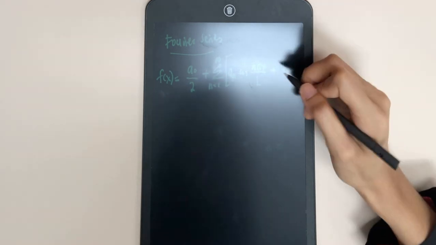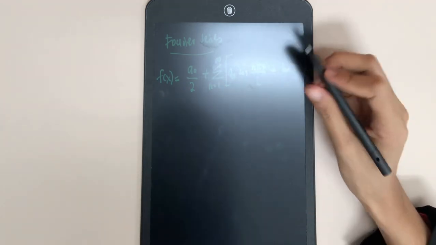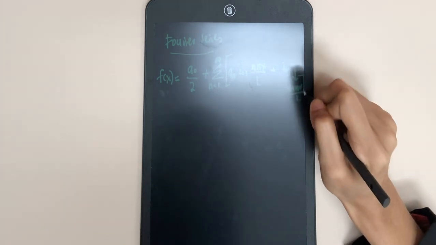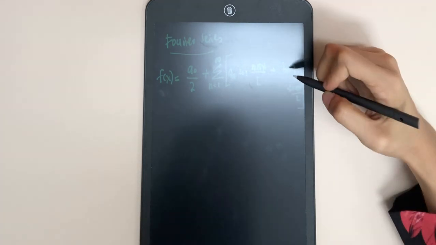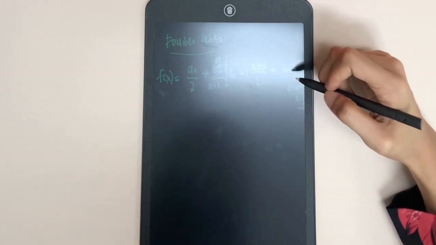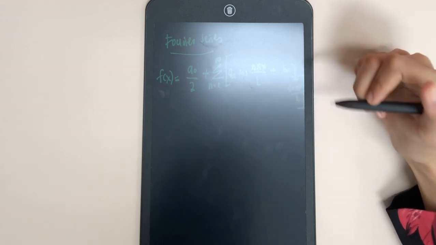Saya tak cukup space tapi okay, I will continue here. Darab bn sin(n pi x over L). Close the bracket. I didn't have enough space, so I put it down here, but it's a multiplication between bn and also sin n pi x.